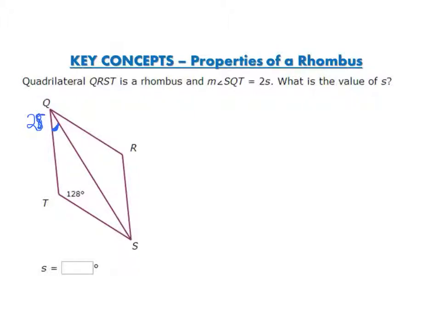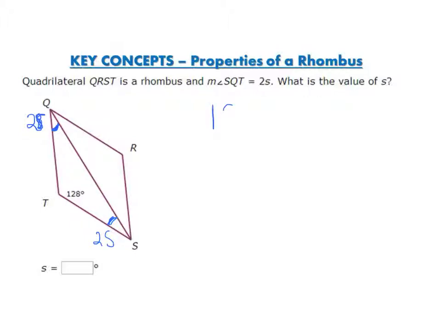I also know that this angle is also 2S. And I need to know that because I'm looking at an entire triangle. I don't have any right angles. I can't cut anything in half and figure it out. So I need to add these together or figure out, because this whole triangle equals 180 degrees.